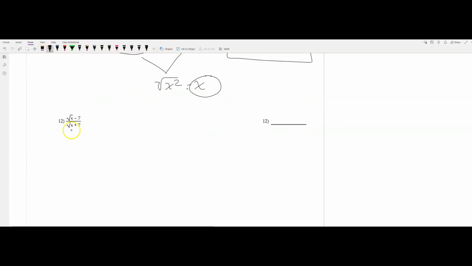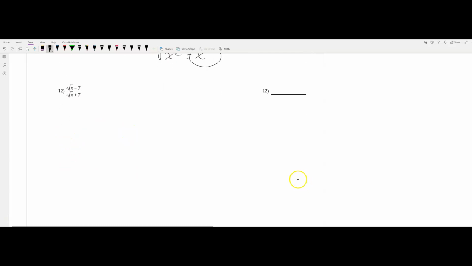For this type of problem, especially with a square root, you just multiply by itself, and then you will get this type of answer. Now if you have two terms, then you need to multiply by its conjugate. The conjugate of this denominator is just what you have on top here. It doesn't always happen; it just happened that the numerator is the conjugate of this. Conjugate means something like a plus b and a minus b.